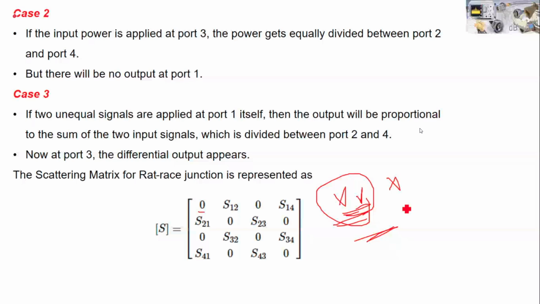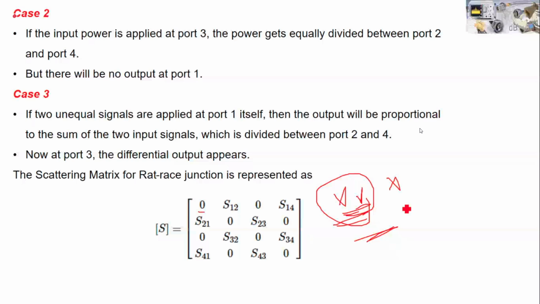So this is all about your hybrid ring rat race junction. Earlier you have seen the circuits connected in a horizontal manner or vertical manner, but in the case of the hybrid ring, the entire circuit is connected in a circular manner, and how the signal variation takes place at each port is defined in case 1, case 2 and case 3. Based on these cases, we define a matrix, and corresponding to that we have formed the matrix of the rat race junction.